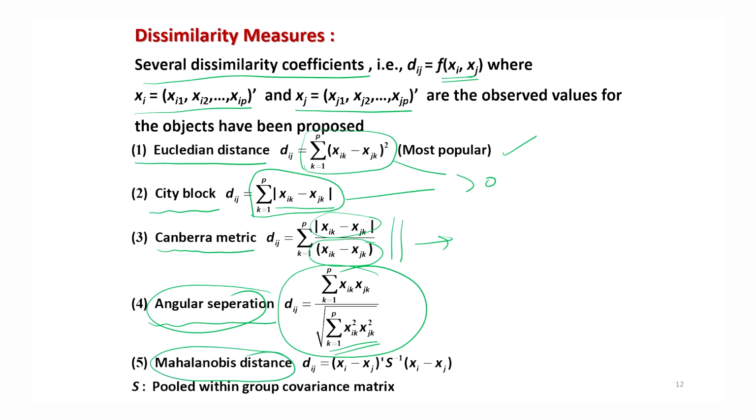If you remember, I had introduced it during the Hotelling t-square statistics, which was indicated there by the delta square quantity, and based on that we define xi minus xj transpose S inverse (xi minus xj), and S is the pooled within-group covariance matrix estimator, right? So these are different measures, and different measures will give you different results in general, right?